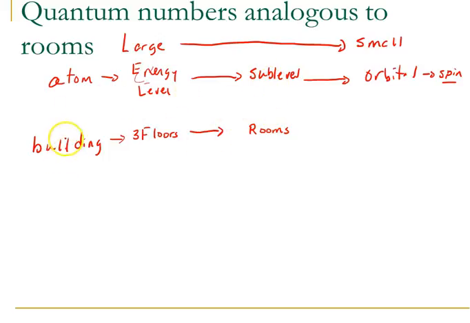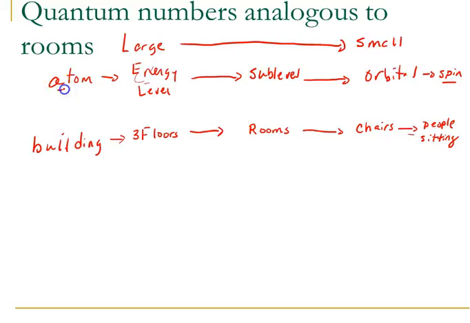So we're going from building to stories on a building, where we can see the details and how many floors there are. Then on each floor we have rooms, and within the rooms we have chairs, and within the chairs we have people doing something, sitting.